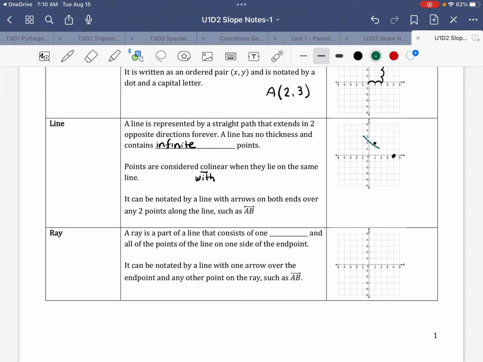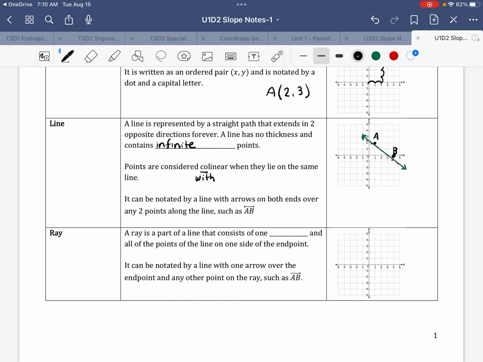we can draw a line like that, and indicate that it will go on in both directions forever. So any point along that line, and there are infinitely many, would be considered collinear.